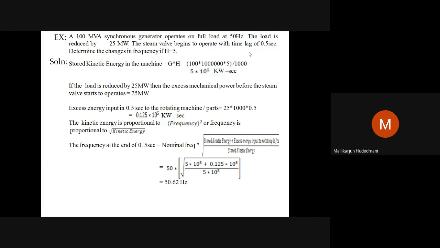It is able to change the valve position only at 0.5 second and later. Till that 0.5 second, there is an extra energy available. That's the meaning. If the load is reduced by 25 megawatt, then the excess mechanical power before the steam valve starts operating, what you have reduced actually, will exist till this point of time. That is 25 megawatt.